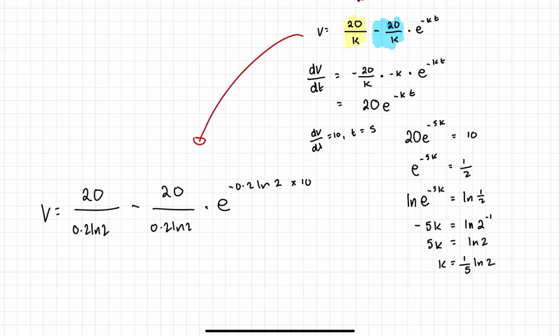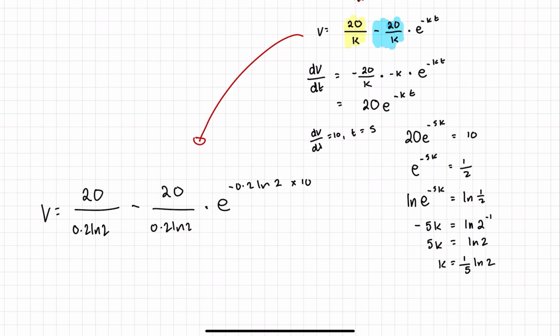So 20 divided by 0.2 times natural log 2, minus, and I'm going to be really careful with my brackets on this, e to the minus 0.2 times natural log 2 times 10.